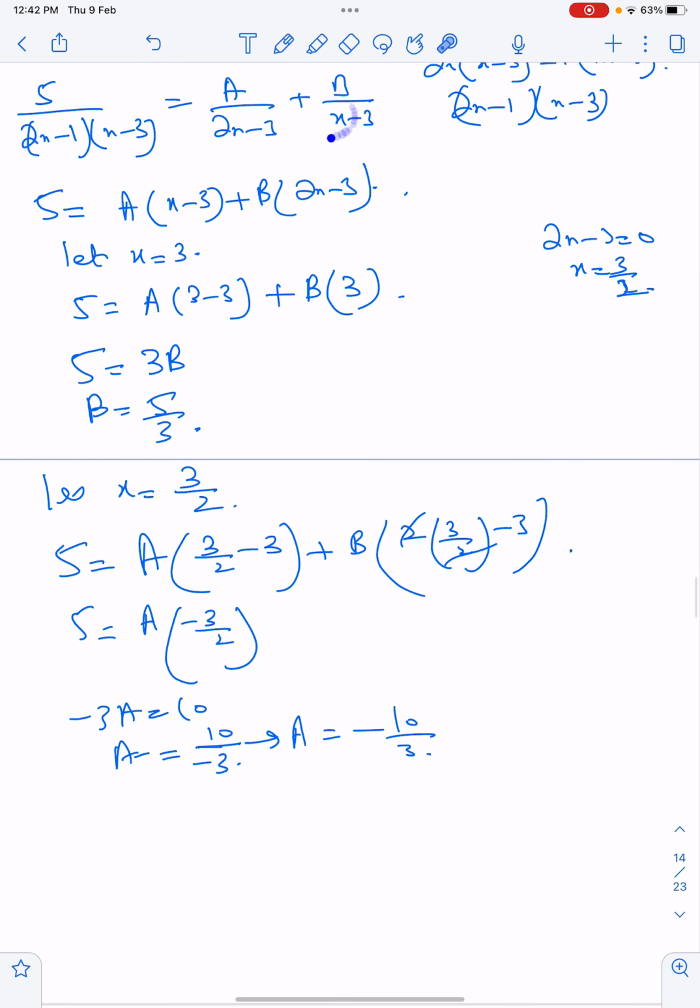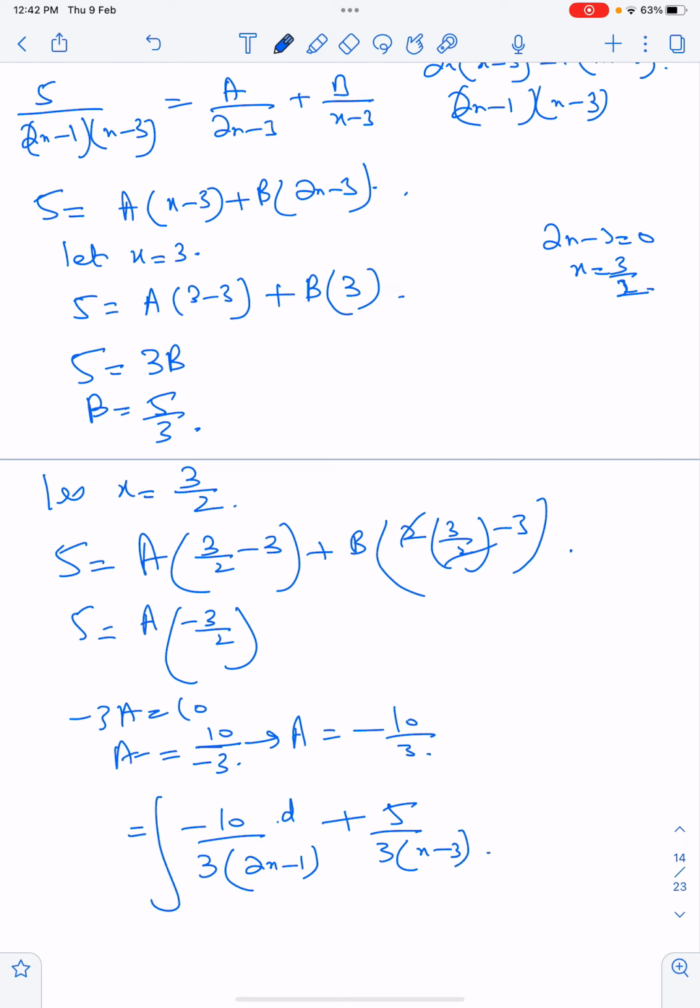Putting it back into this, a is the numerator over 2x minus 1, and b is the numerator over x minus 3. I can write down the denominators along with them, and I have to integrate both of them.